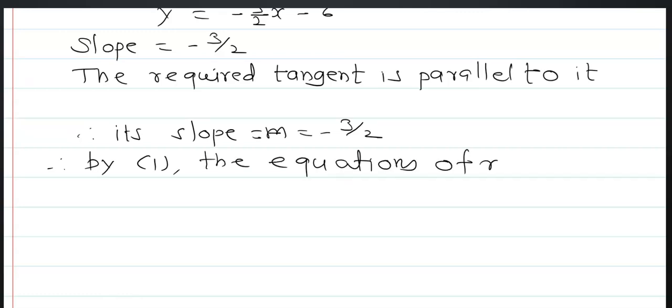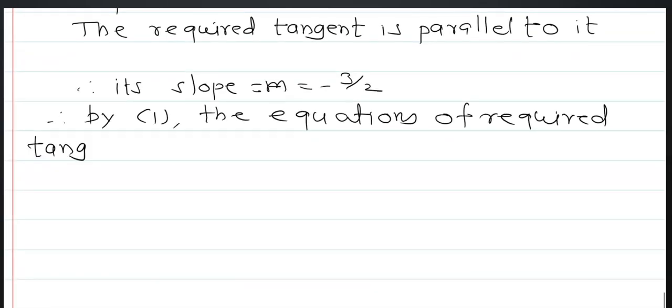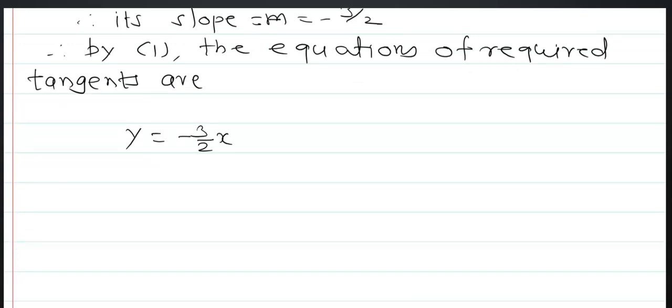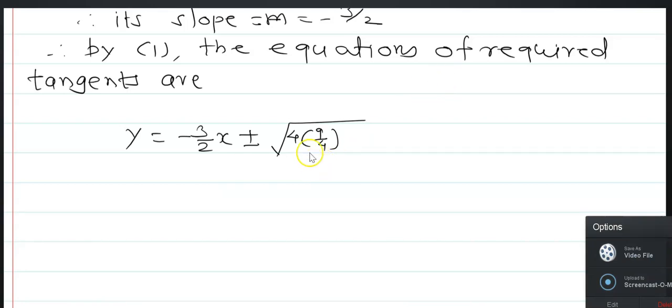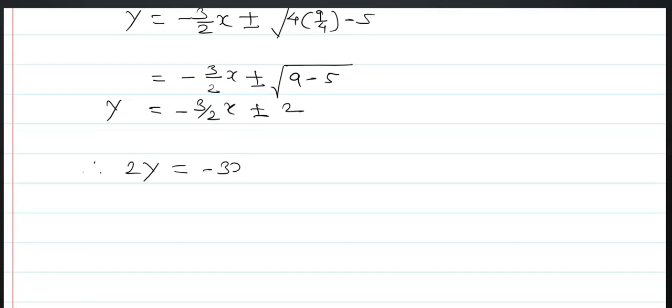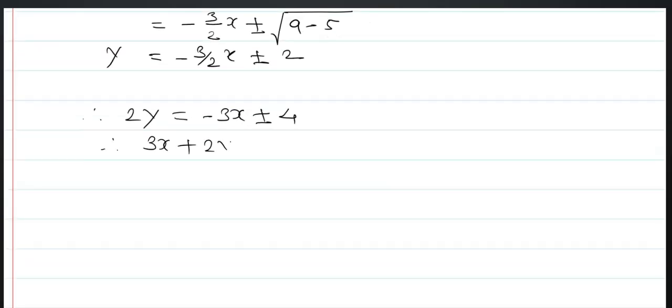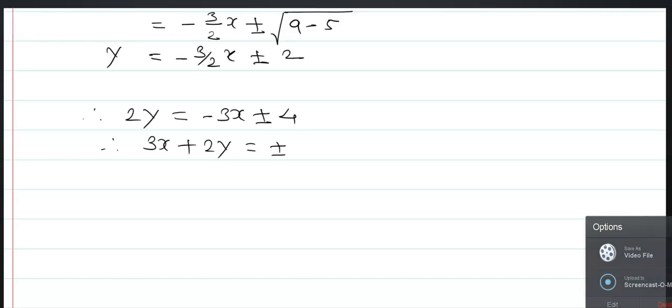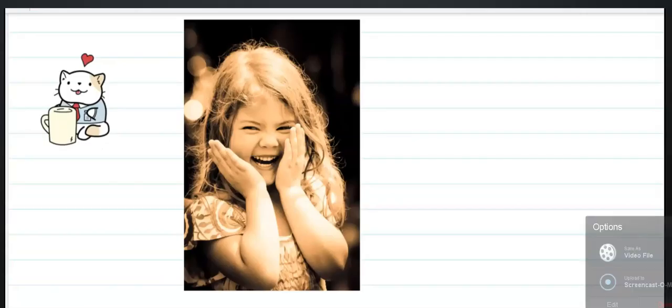And that's why the equation of the required tangents are y equals minus 3 by 2 x plus or minus root of 4 into 9 by 4 minus 5, that is, after simplification, 2y equals minus 3x plus or minus 4, that is 3x plus 2y equals plus or minus 4.